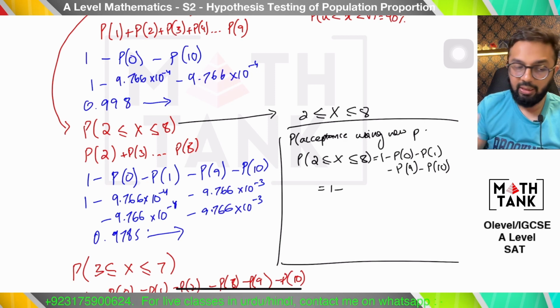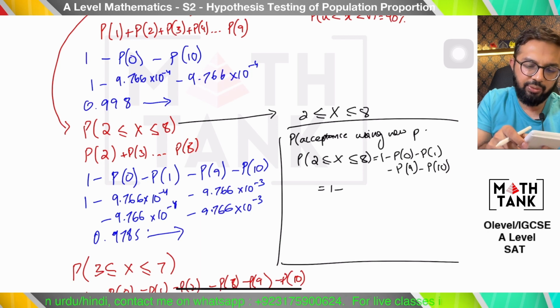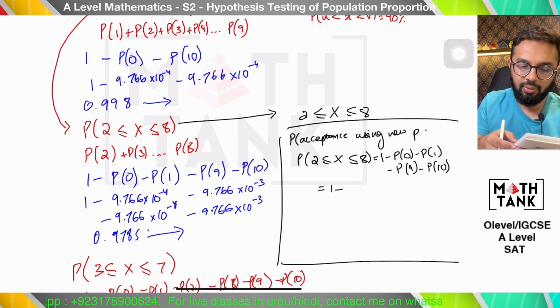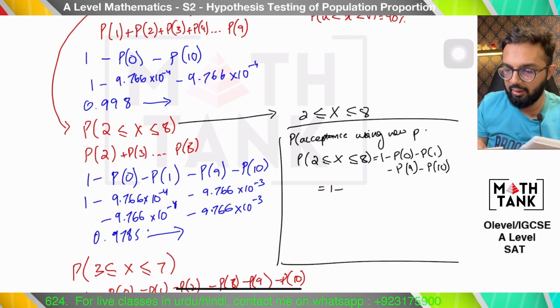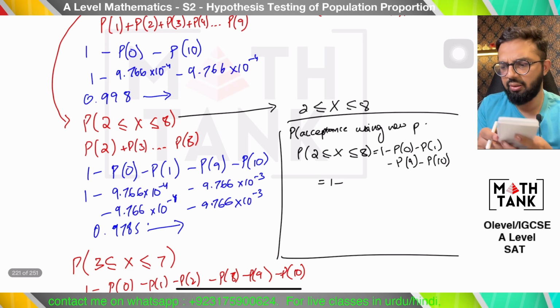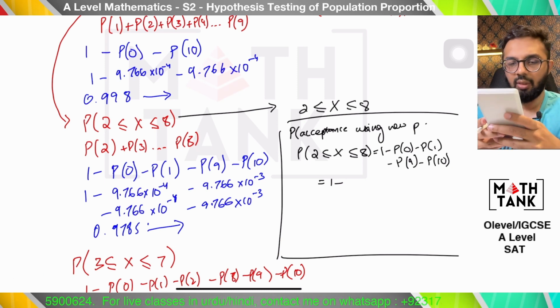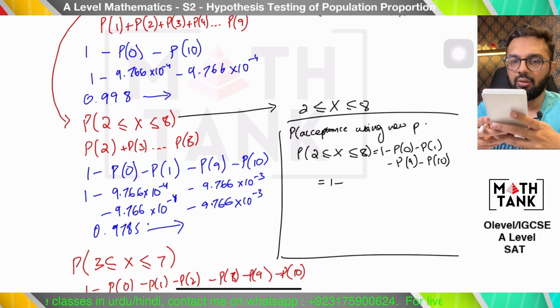I'm going to do these on my calculator because I don't have space here and I am also running out of time. So I'm going to put that in a list. What's my new p? My new p is 0.7. So 0, 1, 9, and 10.